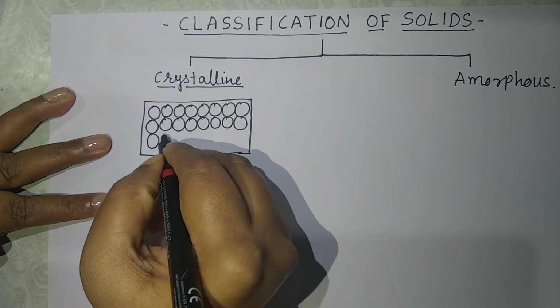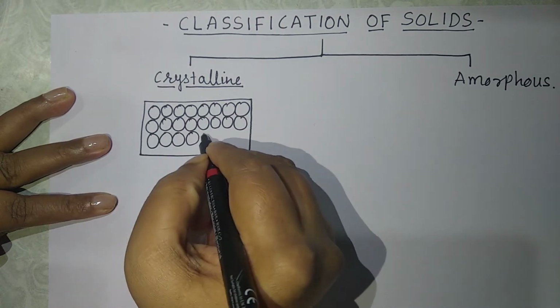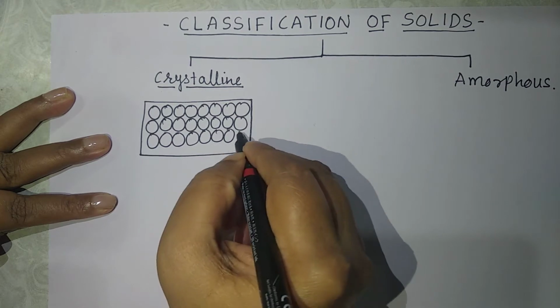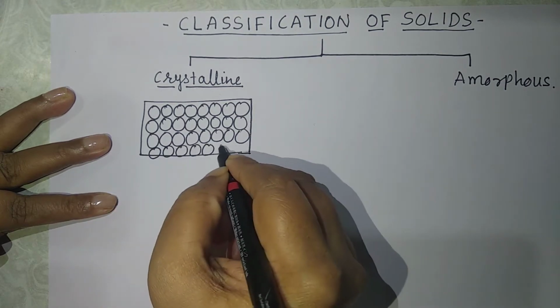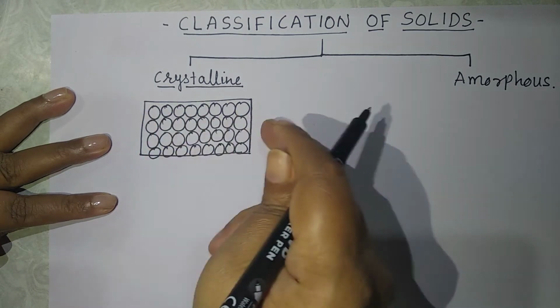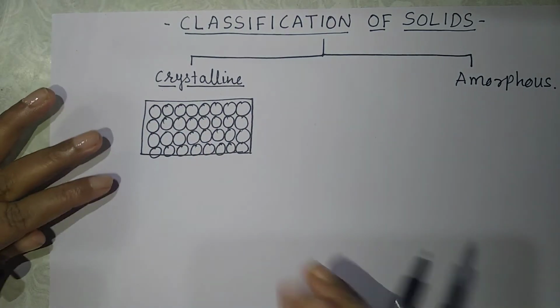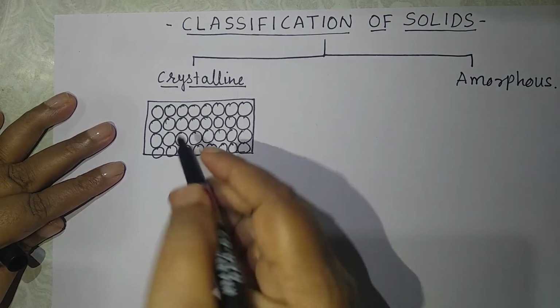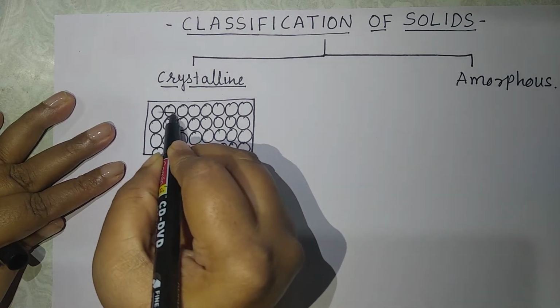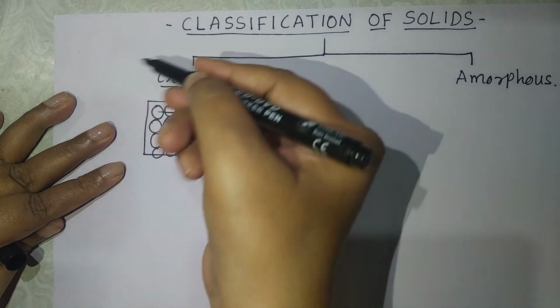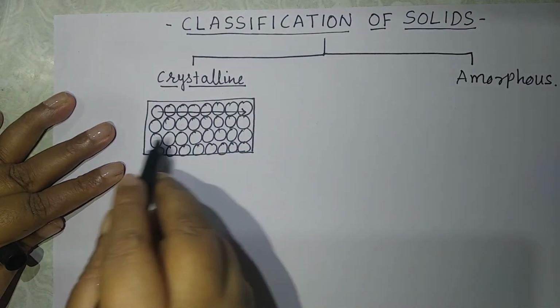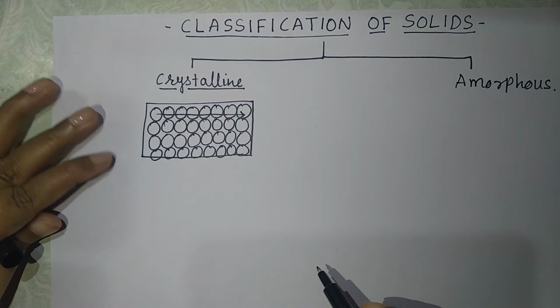You can see here that every atom is following a specific or a definite pattern to each other, and this pattern extends all over in all the directions following the same pattern. So this pattern is followed in this direction as well as behind, front. So this is in all the three dimensions.